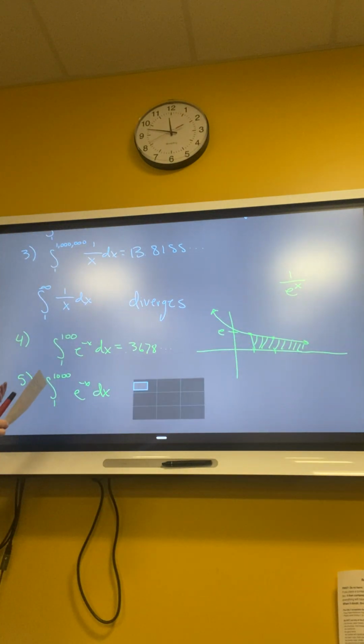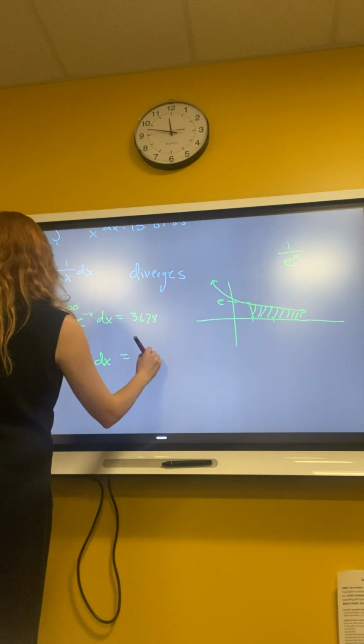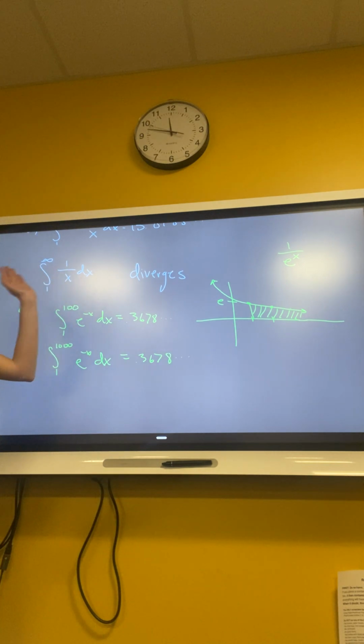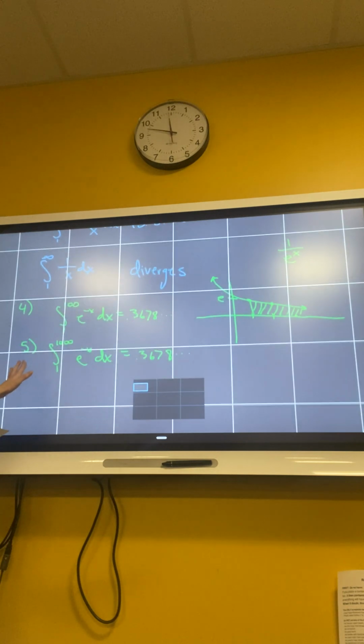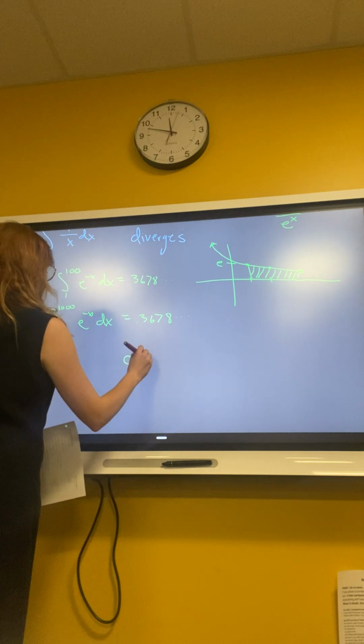The next one is from 1 to 1,000, and that answer is 0.3678. The decimal will change a little bit further out, but it starts out the same. That's a big jump from 100 to 1,000, and not a big jump at all in our answer, right? So do you think this one diverges or converges? Converges, that's right.